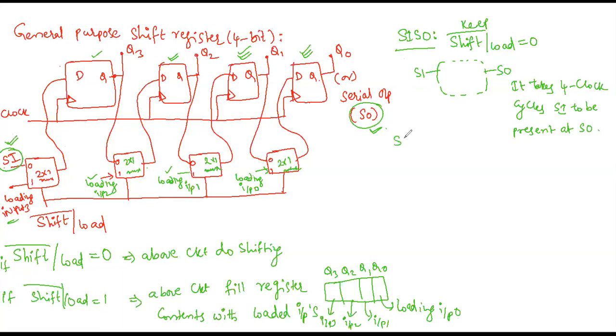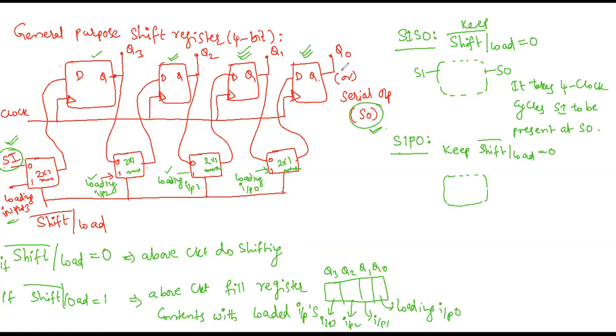Next, serial in, parallel out. For the serial in, parallel out, keep shift bar by load equal to 0 and keep terminals outside.